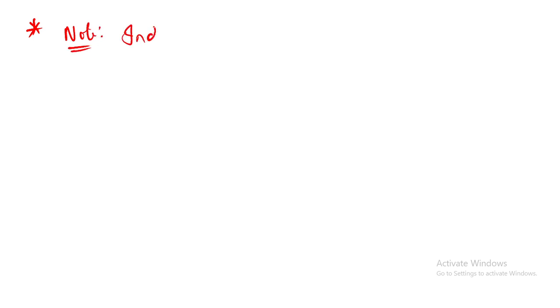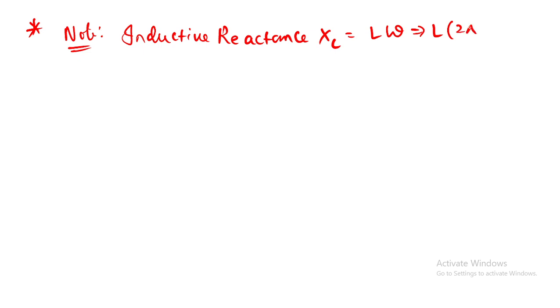It is an inductive reactance you already knew. XL is equal to what did I tell you? L into omega. Am I correct? I will say L into 2 pi into frequency. Am I correct?